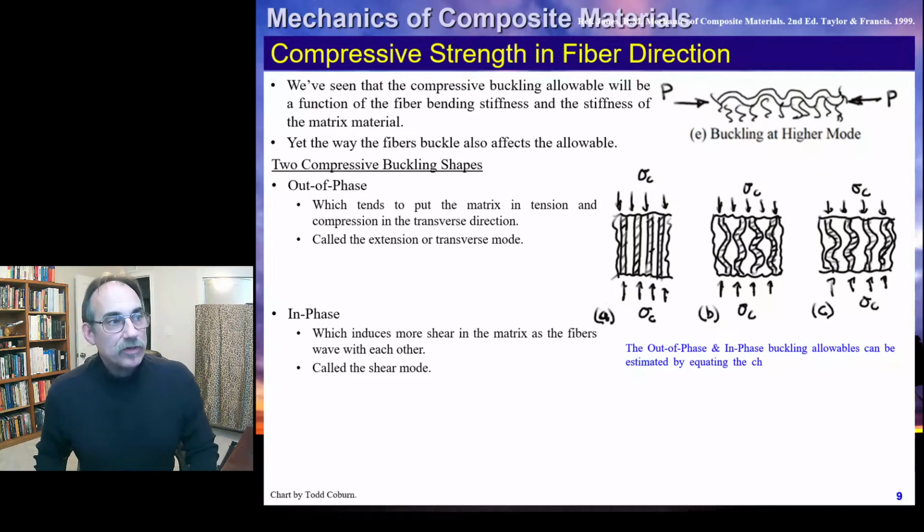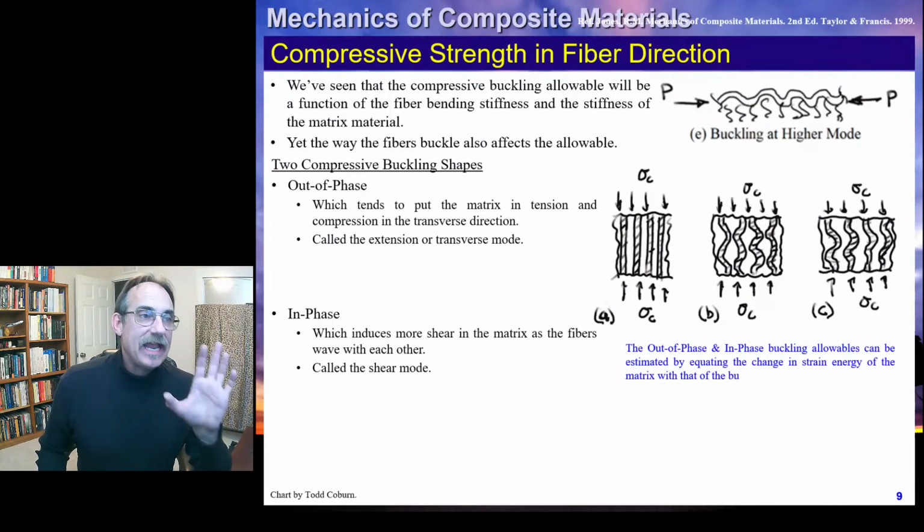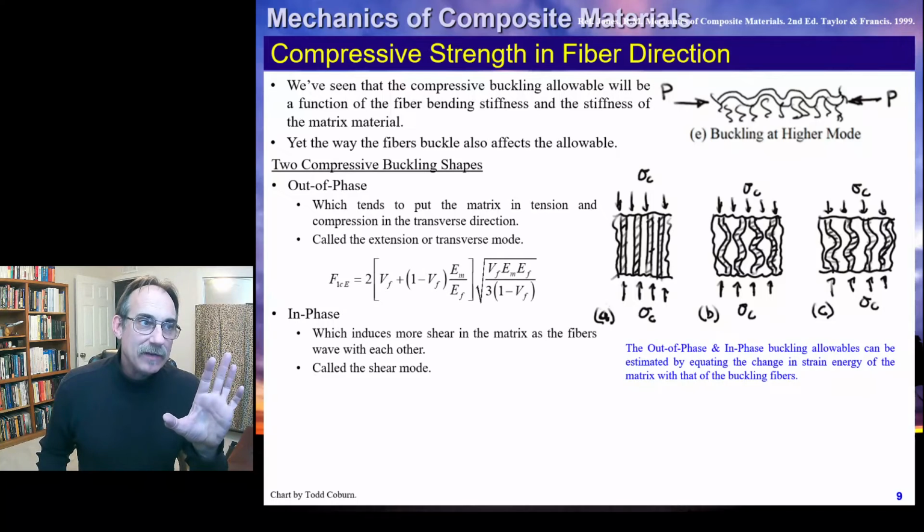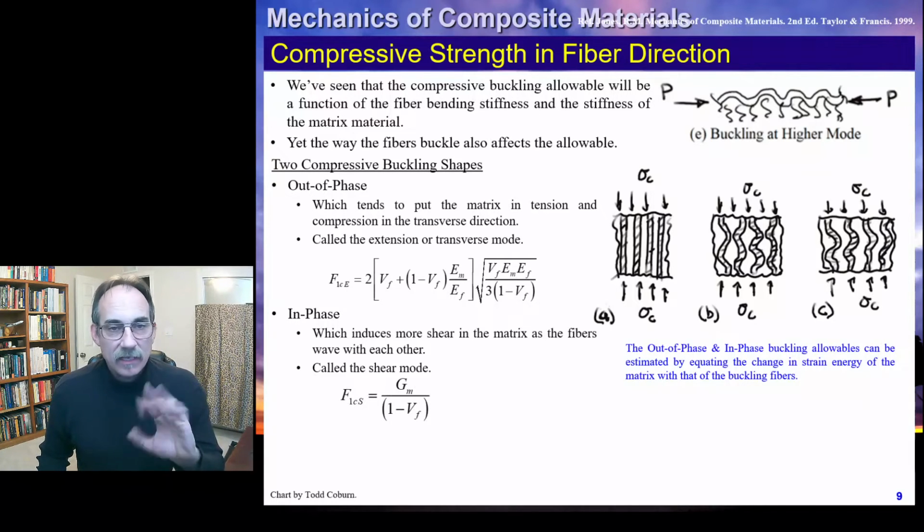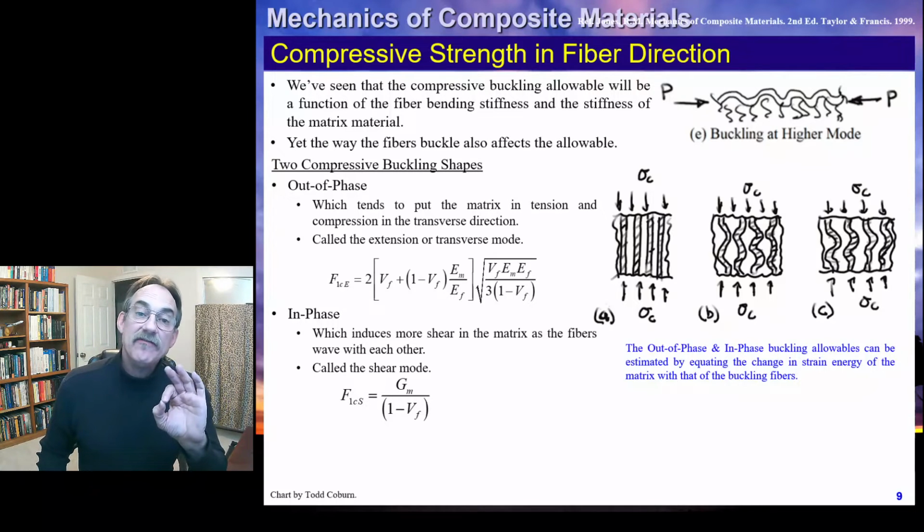These allowables for these two modes can be developed or estimated by equating the change in strain energy of the matrix with that of the buckling fibers. This is a bit of an advanced topic, and so we're just going to lean on the results that other folks have developed, and we get these two equations. We're going to call it F for allowable, 1 for mode 1, or the direction 1, excuse me. C for compression.